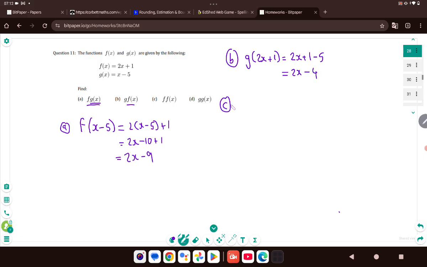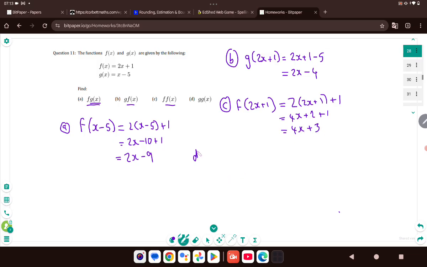Then f of f of x, so we're working out the f of x and putting it into f. So we're replacing the x in the f function with 2x plus 1, which simplifies to.